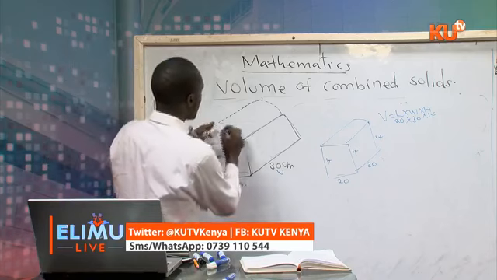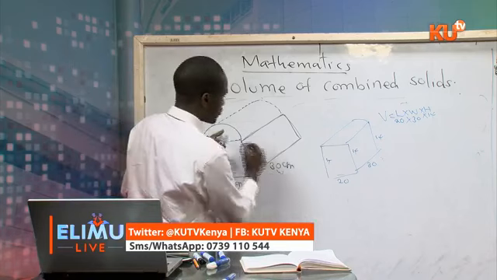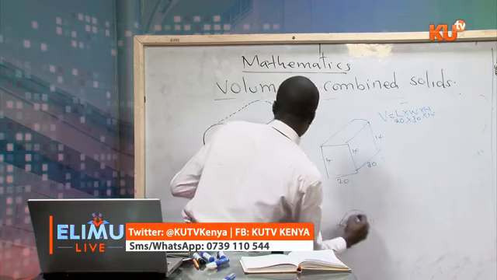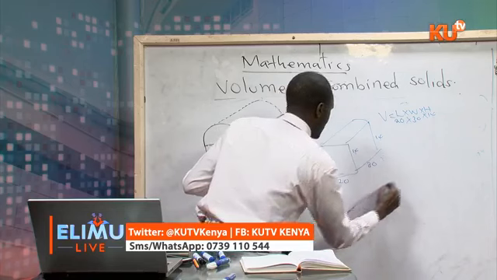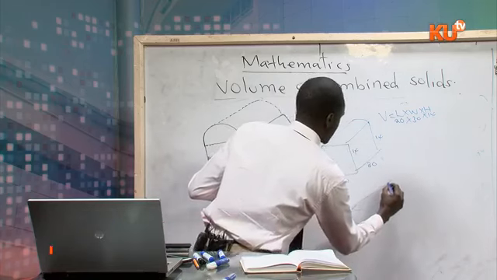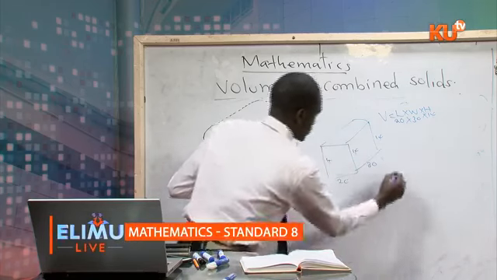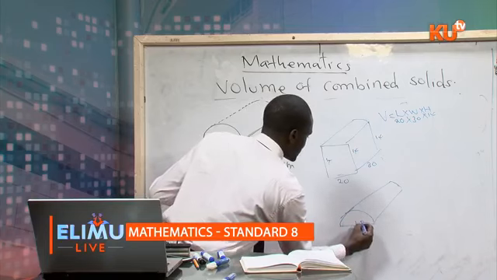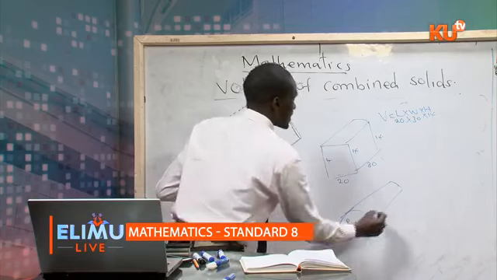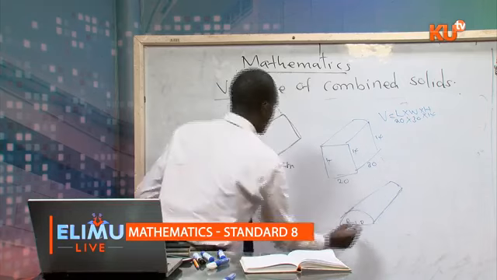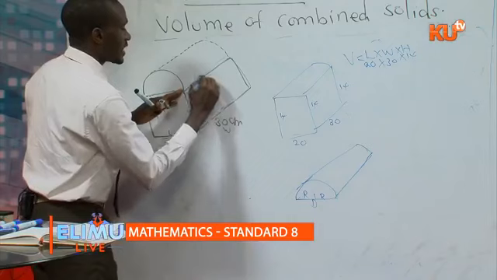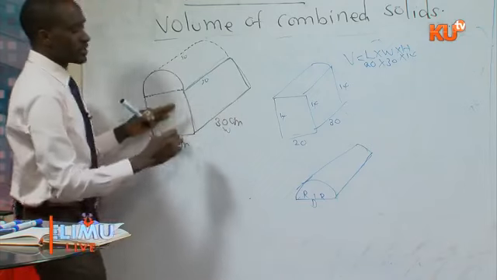Now when you come to the volume of a half a cylinder, look at this half a cylinder. It looks like this way. When you look at it, this is diameter and this is radius. Now its height is this one, and this is 30 and this is 30.